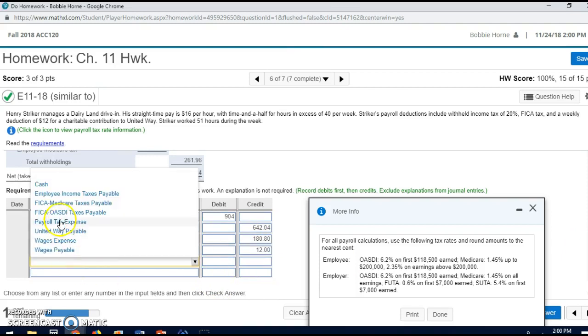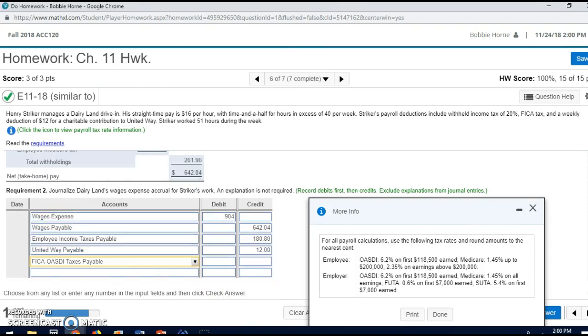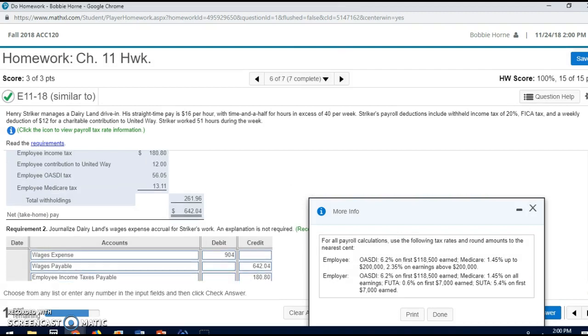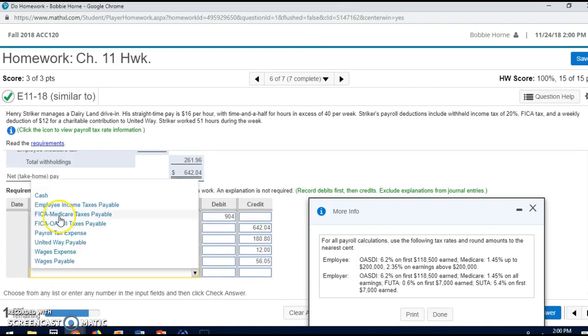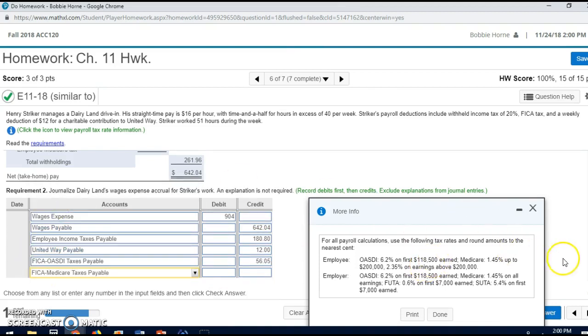And then the OASDI taxes payable that we're going to pay is $56.05. And then the Medicare tax payable is going to be $13.11.